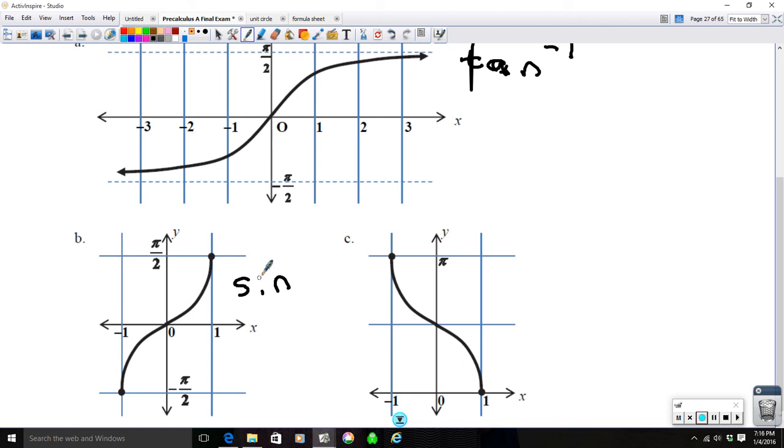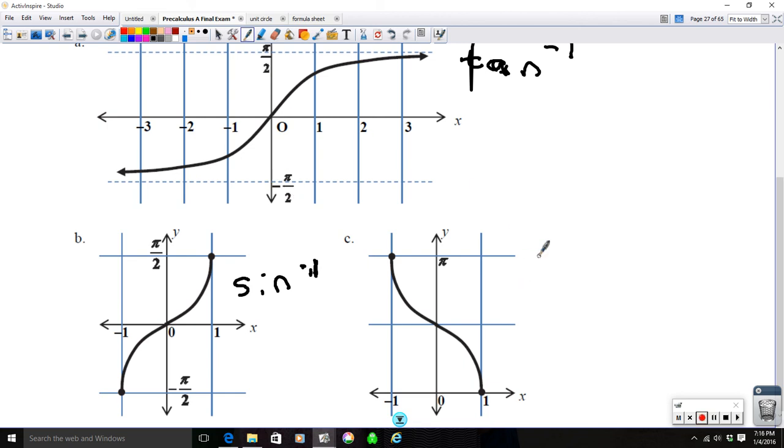How do I know the difference between these? Well, I know sine is going to stop at endpoints, and tangent is going to be approaching asymptotes, because when you find the inverse of something, you're switching your x and your y values. So your asymptotes that were vertical asymptotes at negative pi over 2 and 3 pi over 2 for tangent become horizontal asymptotes at pi over 2 and negative pi over 2.